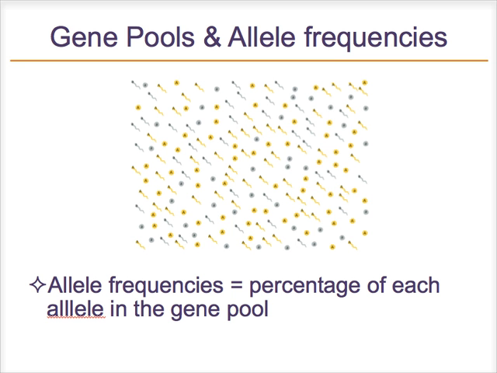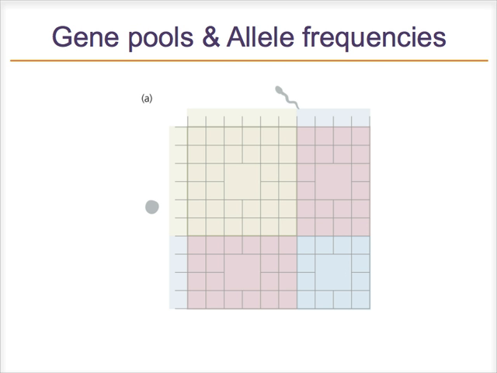And anytime you're talking about combining alleles to create different genotypes, we can use a familiar concept, that of the Punnett square. Now here's a Punnett square that has been modified for population genetics use.